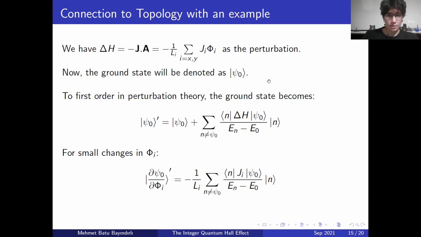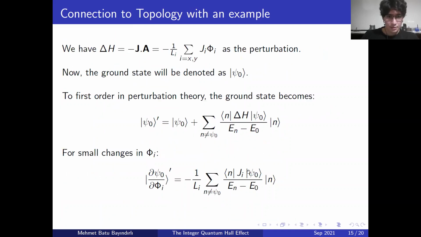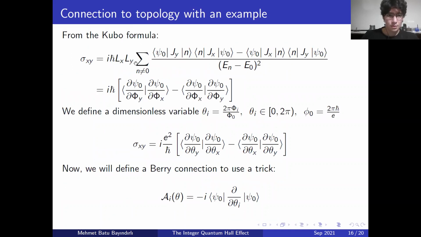We just take the derivative, and these psi zeros now are ground states. And so we have the Kubo formula from before, and we can write these in bra and ket brackets using these derivatives. So we get this equation for the conductivity.